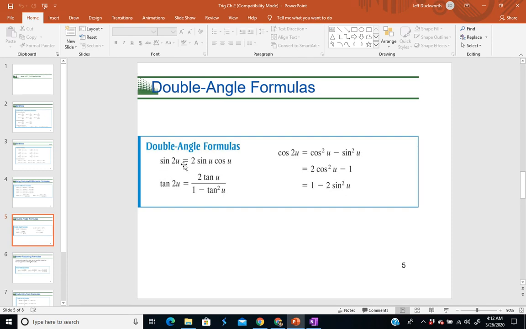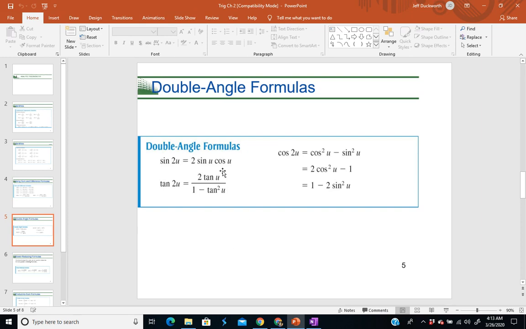So instead of sine of x or sine of theta, if you have sine of 2 of something, you can rewrite that as 2 times sine of that something times cosine of that something. And if u happens to be something other than just a variable, you can break it up into other pieces, which I'll show you in one of the problems that I'm about to do.